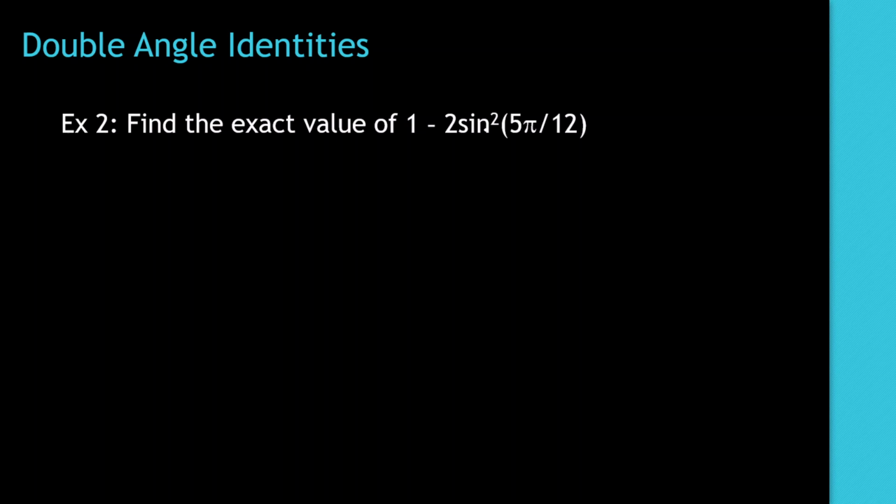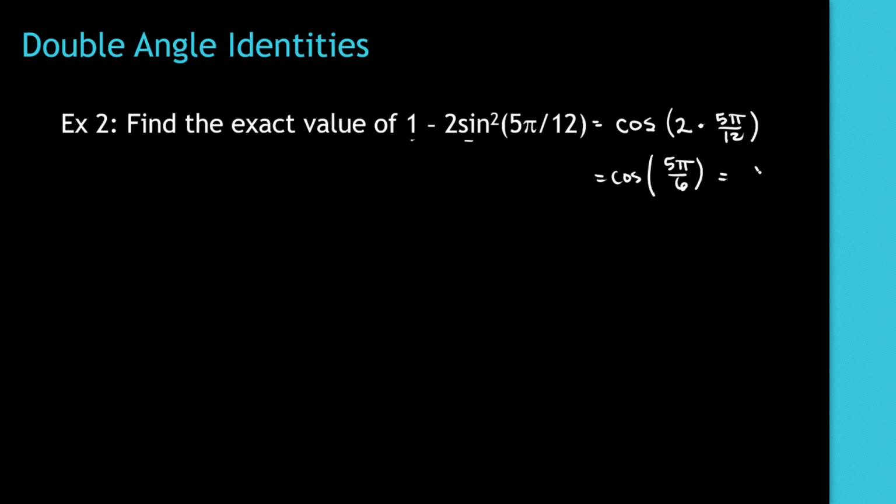So this is set up like my cosine of 2x. So this is going to equal cosine of 2 times 5 pi over 12, which is equal to cosine of 5 pi over 6.